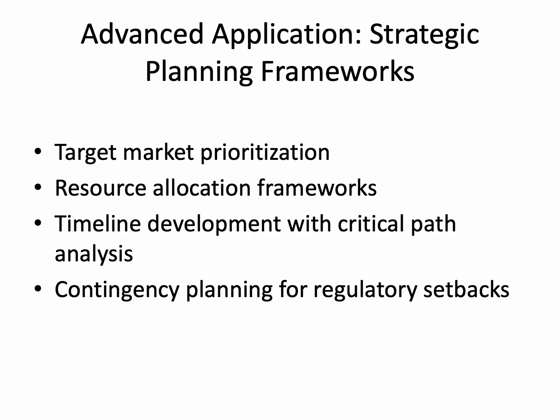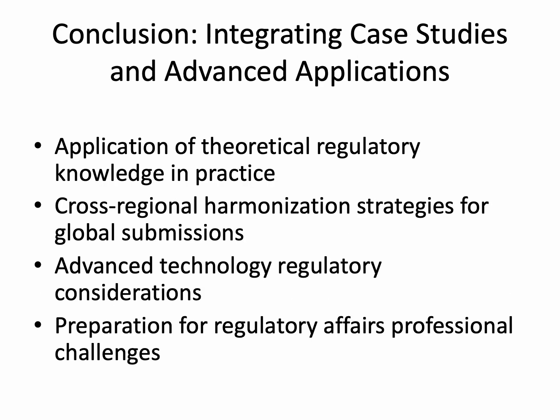Contingency planning prepares the team to respond to regulatory setbacks without compromising global launch schedules. Leveraging expedited pathways, such as FDA breakthrough device or EU fast-track provisions, further optimizes market entry and reduces time to market for innovative devices. The final slide integrates learnings from all case studies and advanced applications.